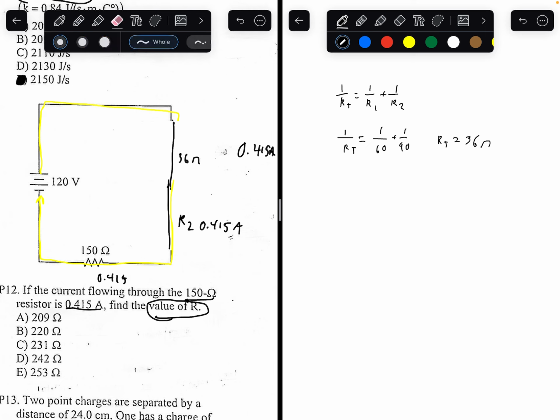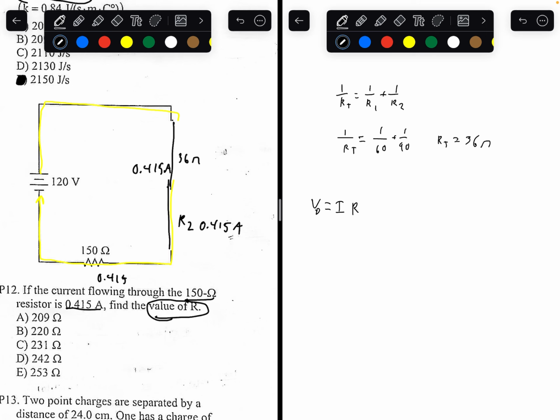So we know a current of 0.415 amps flows through it. What is the voltage drop through this resistor? The formula for voltage drop is equal to the current through the resistor times the resistance of the resistor. It's still Ohm's law.